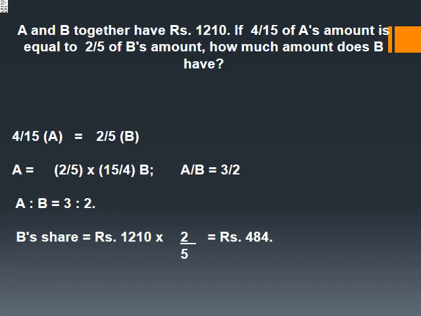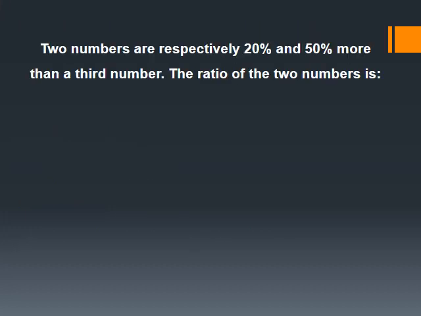Now let's look at the second problem. Two numbers are respectively 20% and 50% more than a third number. The ratio of the two numbers is? So what is given here? We have two numbers which are not actually given, but they say one number is 20% and the other number is 50% more than the third number.